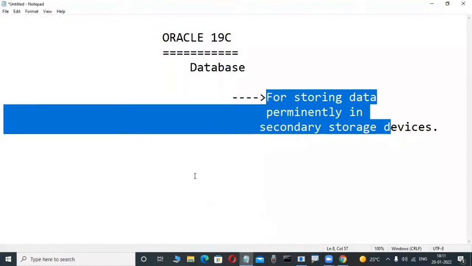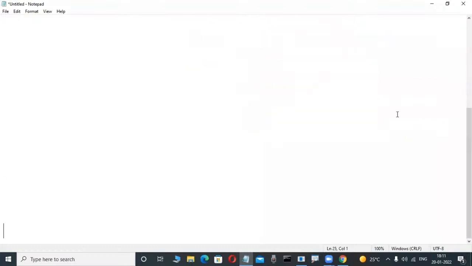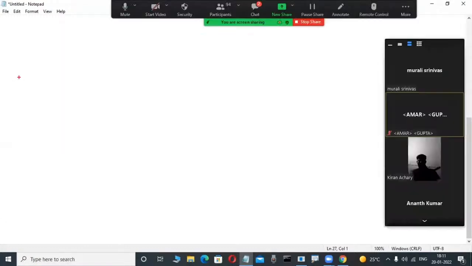Now check it out. Suppose, for example, you are a first-time newcomer, a non-technical person; it is easily understandable. Every organization maintains a database. For example, so many applications are there. One of the applications I'm taking: you take banks.